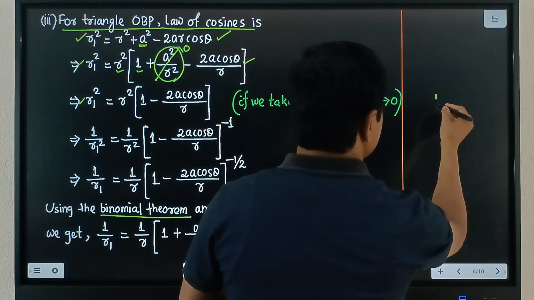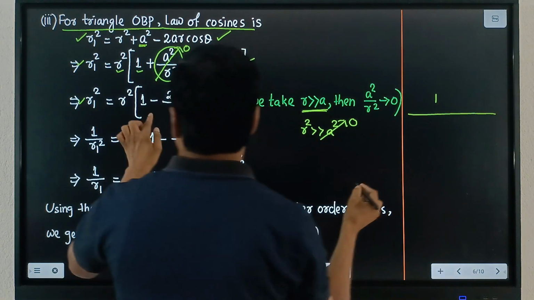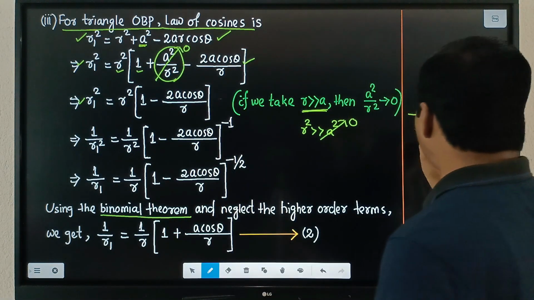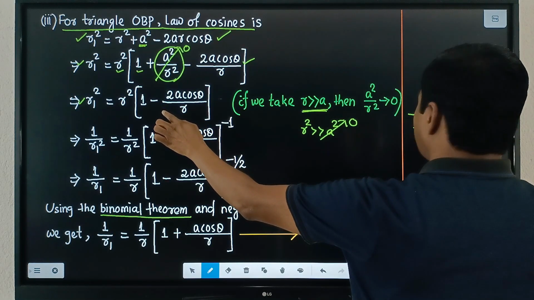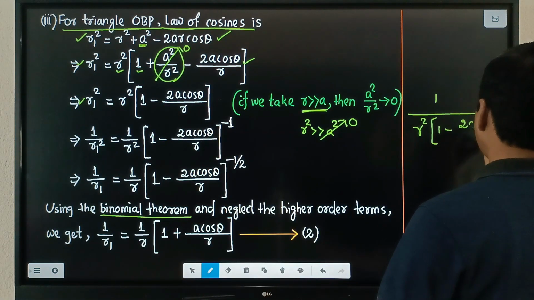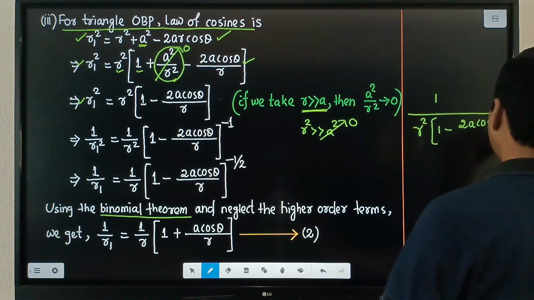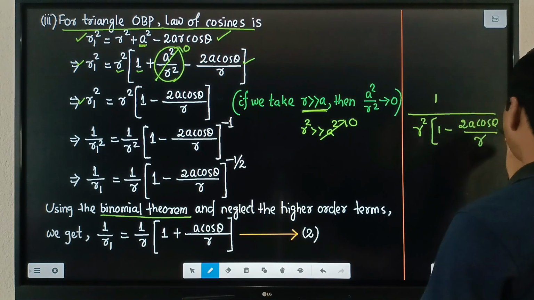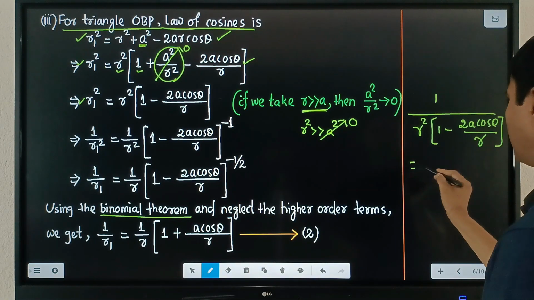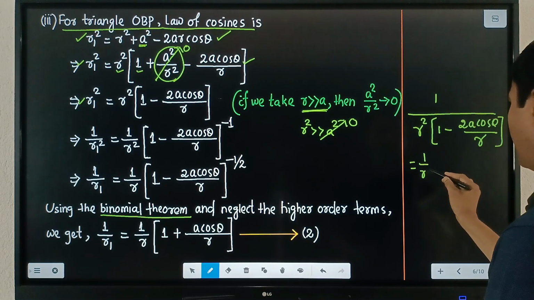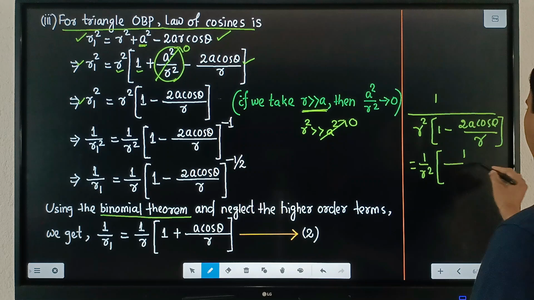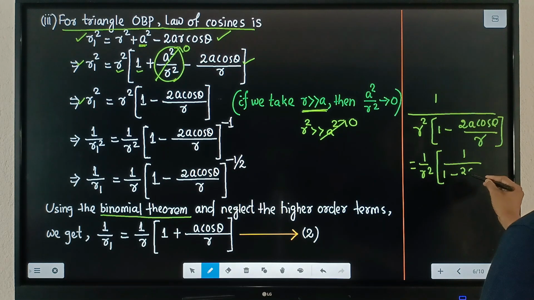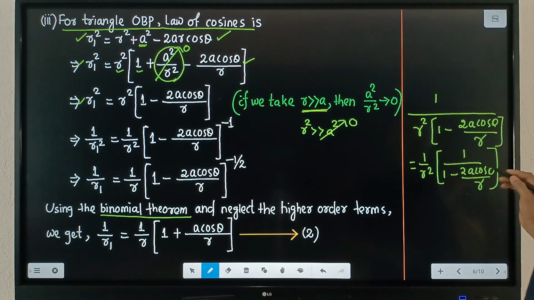So we write this is 1 divided by r square multiplied by 1 minus twice a cos theta divided by r. This is equal to 1 by r square multiplied by 1 divided by 1 minus twice a cos theta divided by r. We write just like this.